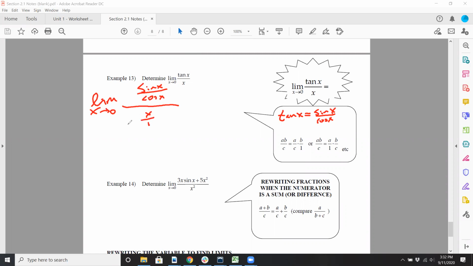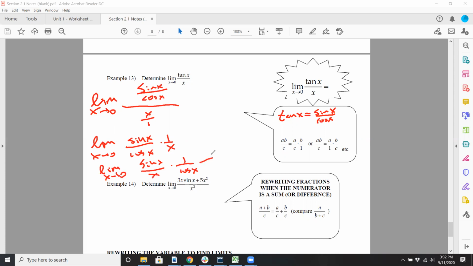And you can flip over the x over 1 because it is a division. And so you could also keep rearranging and write it like this: sine x over x times 1 over cosine x.